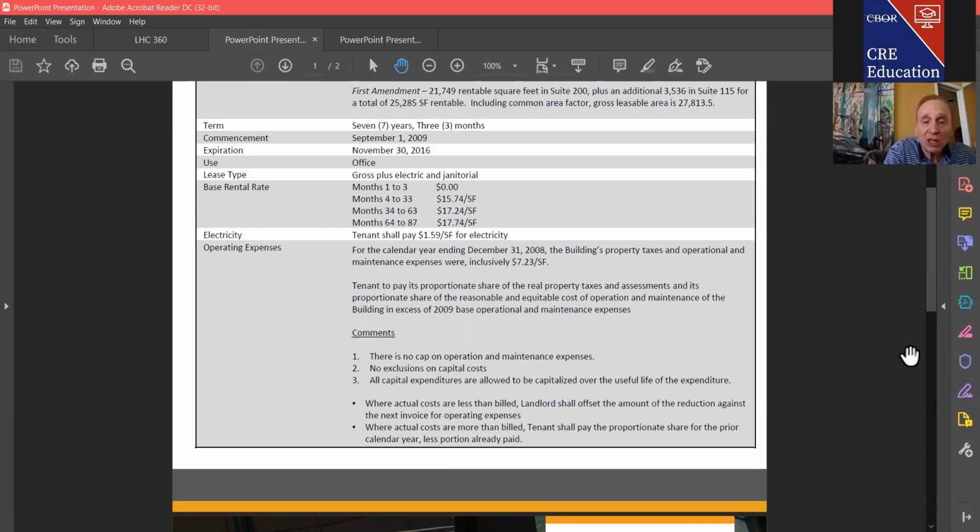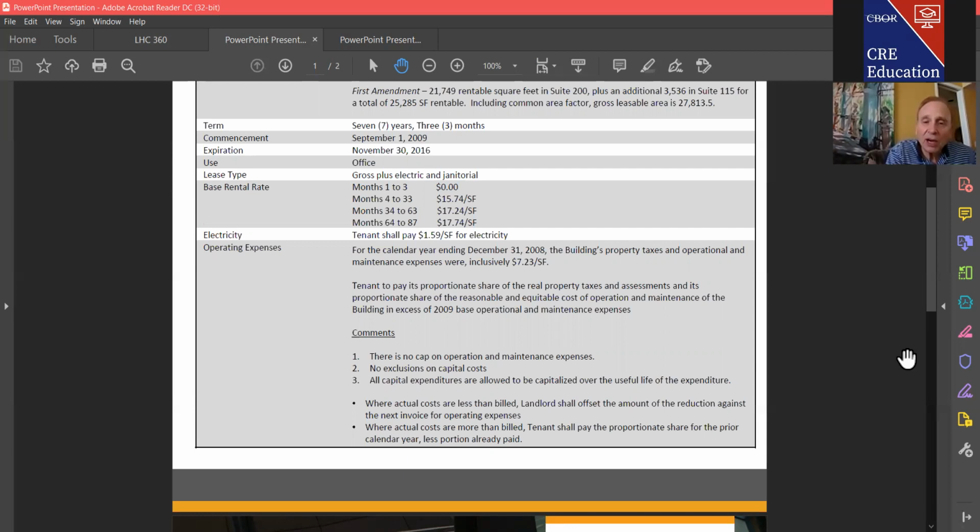Here were my comments on the lease. So I said, well, there's no cap on the operation. What is a cap? There's no limit. There's no ceiling. Normally, we would say that, okay, you want to pass through capital cost. First, we try to have no capital cost. And we fight hard on that. And if there are capital costs, we put a ceiling on it.